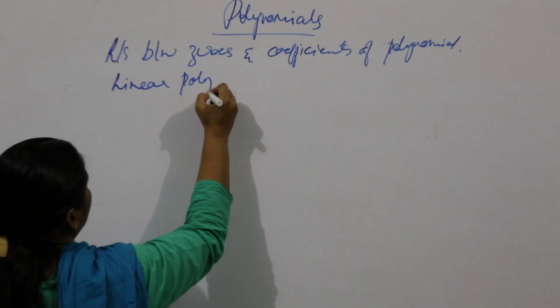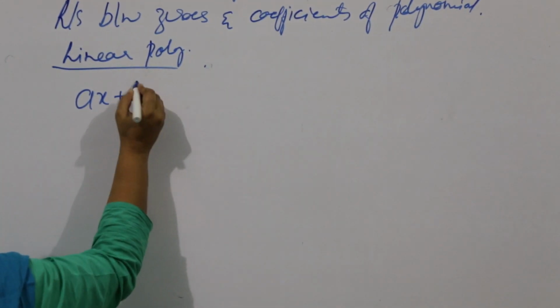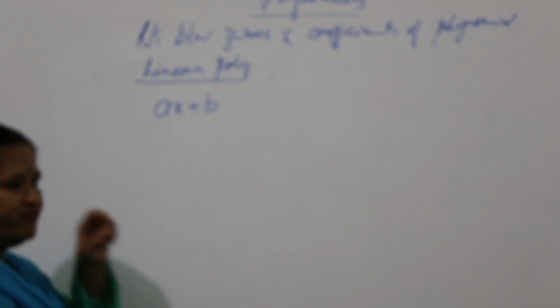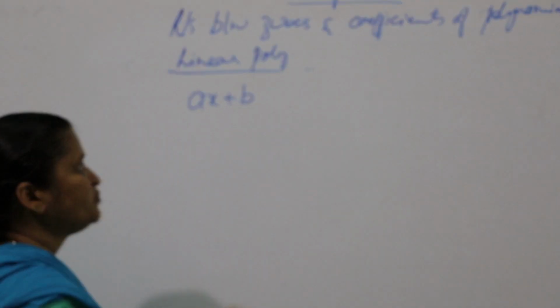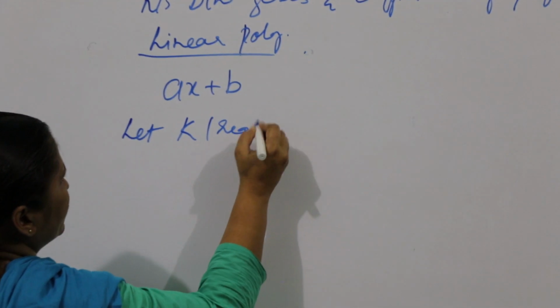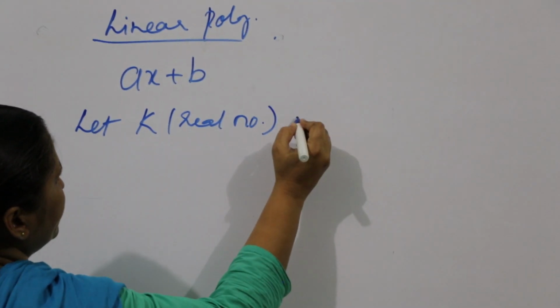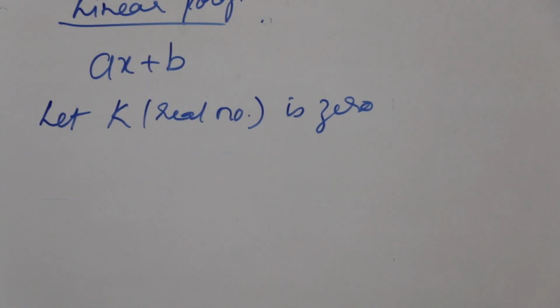The standard form of a linear polynomial is ax plus b. Now let k, a real number, be a zero of this polynomial.